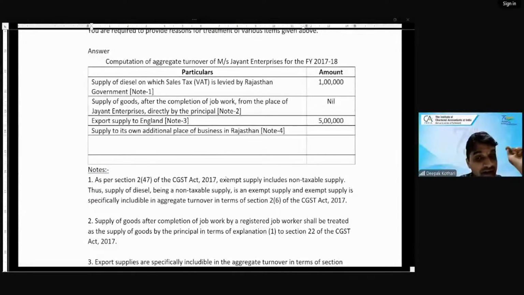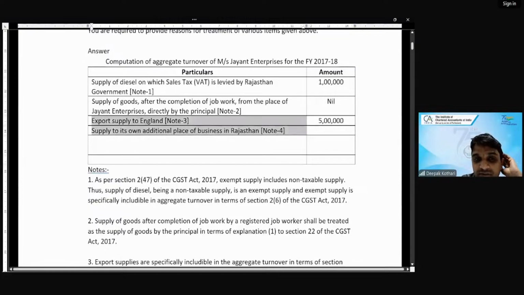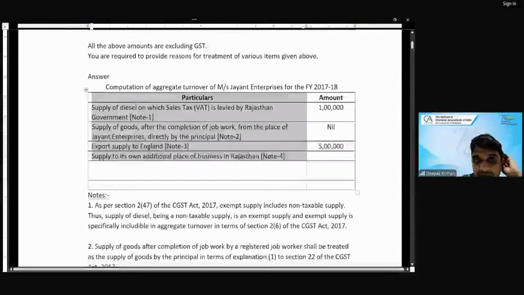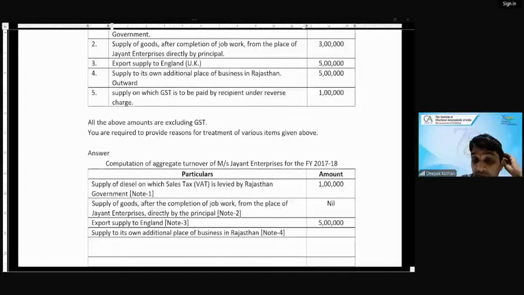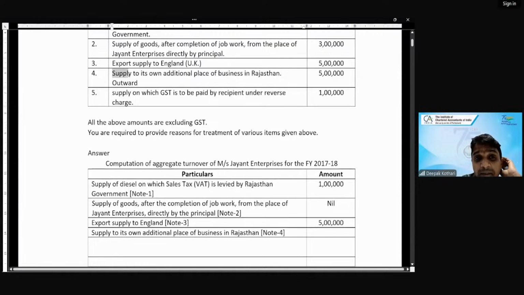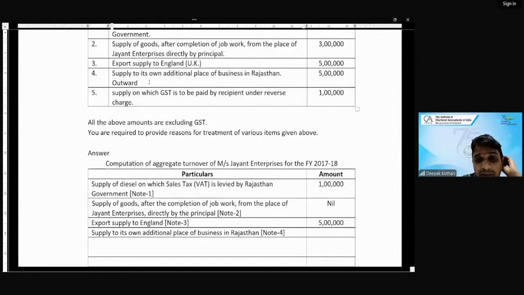I don't want to reveal that reason to others. Tell me whether it should be included or not included. Question is supply to its own additional place of business in Rajasthan. Because it is not a supply, they have supplied. No, the question itself says, Pooja, that it is supply to its own additional place of business. So it is a supply. Why do you say it is not a supply?